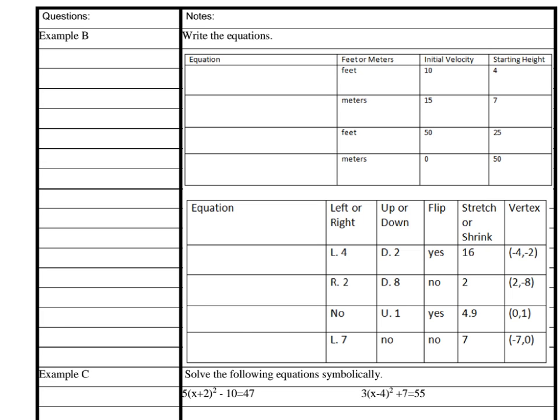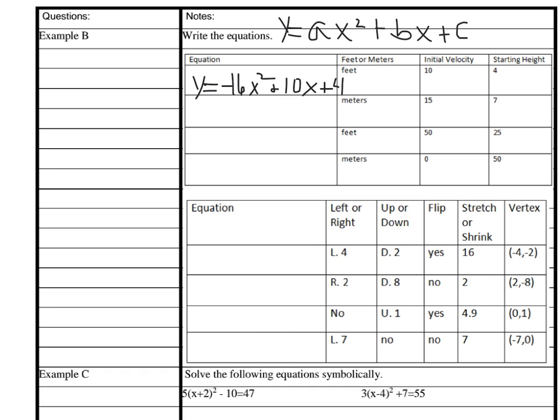Now for example B, we have to write the equations. This first group has feet or meters, initial velocity, and starting height, which tells us we should use general form. Alright, so feet or meters comes first, so y equals, it says feet, which tells us negative 16x squared, initial velocity of 10, so plus 10x, and starting height of 4, so plus 4.